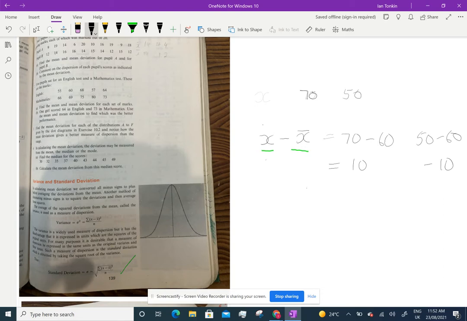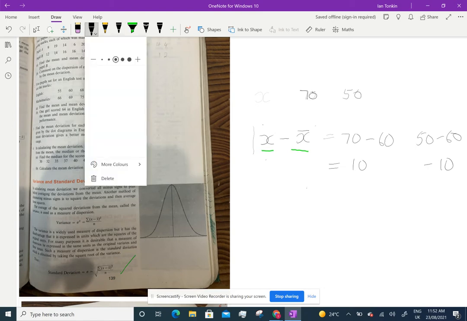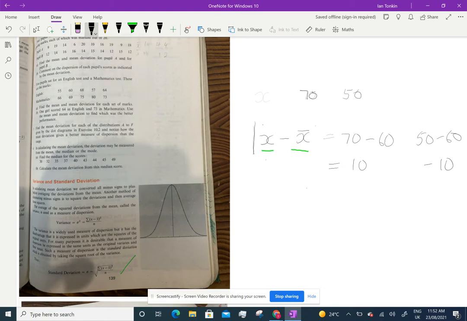Well, one way to do that is to just take the absolute value. And that will get rid of that negative 10 and just leaves me with a deviation. And that's good, but it's hard to try and use that.